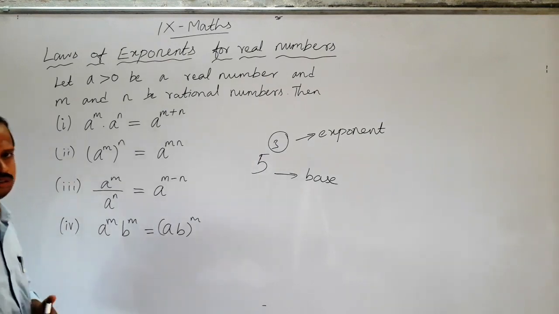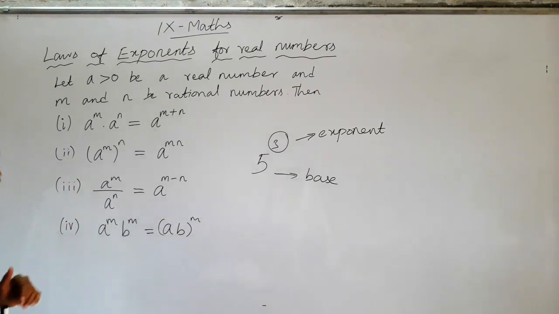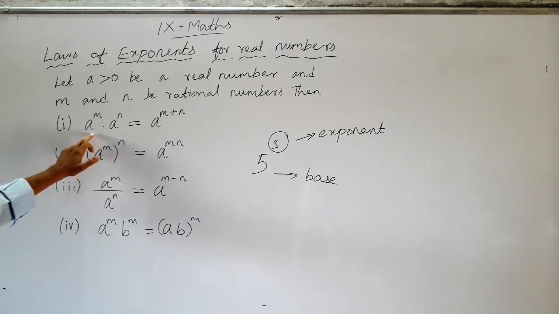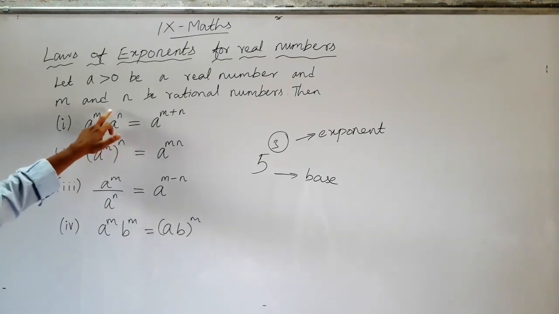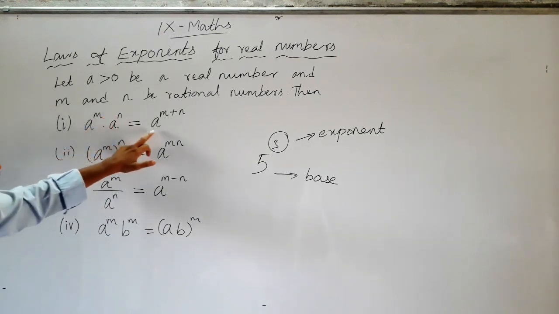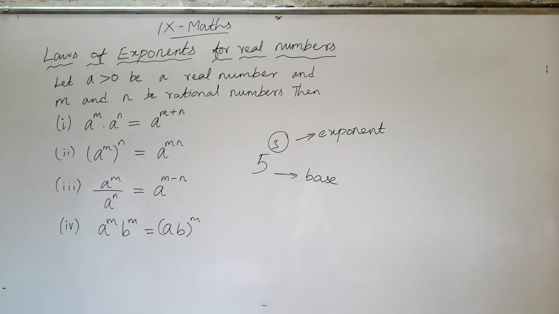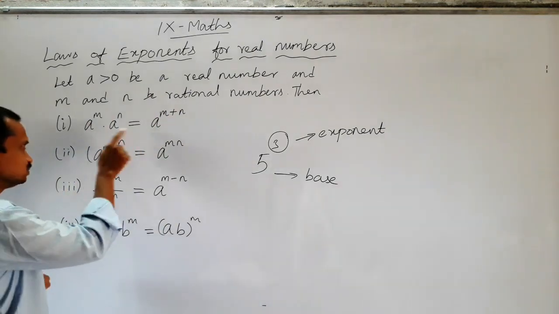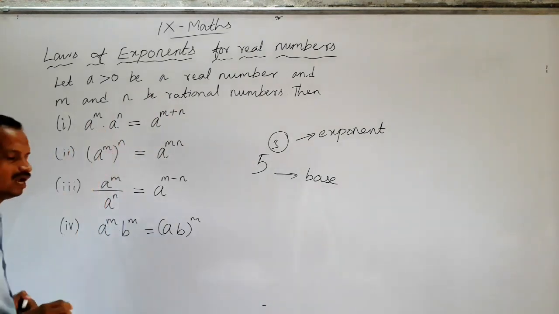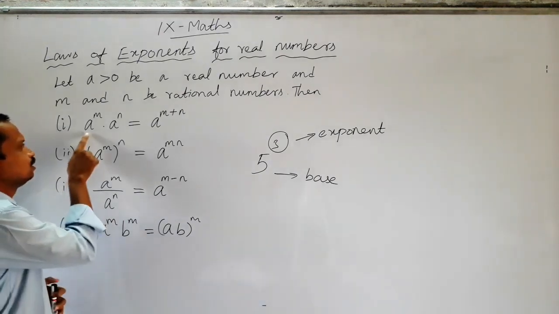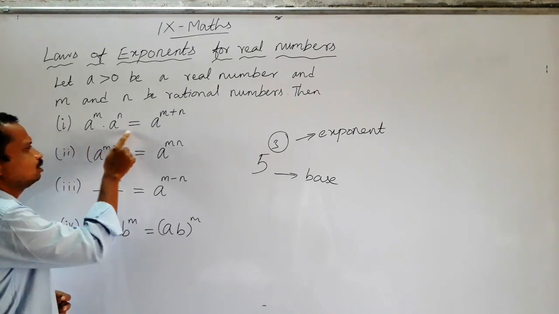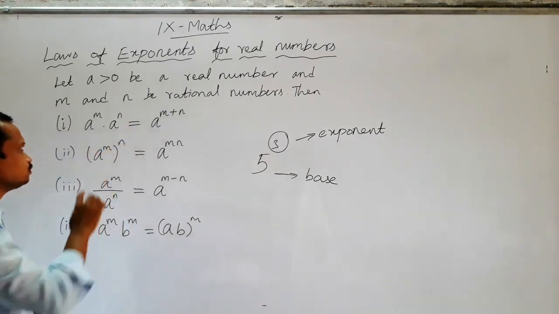Some more laws also are there. Just we see now this one. First one, a power m into a power n. You have to read as a power m into a power n, which is equal to a power m plus n. Okay, so we have to observe which is the base and which is the power. Power means exponent. See here in the first one, all the bases are a only.